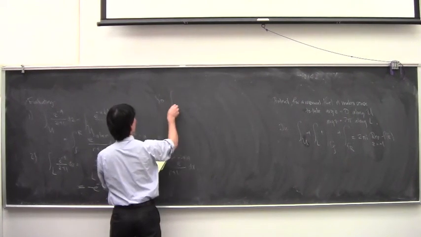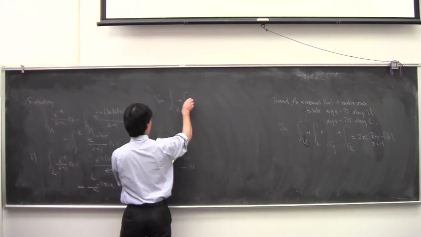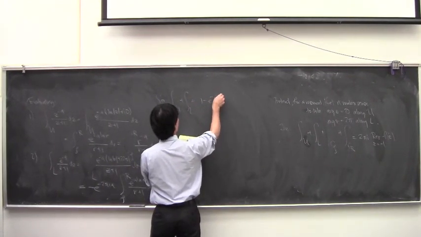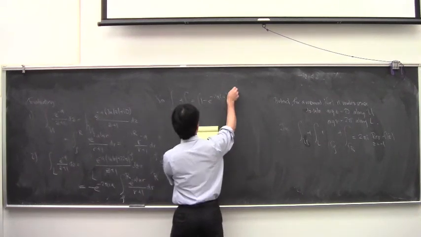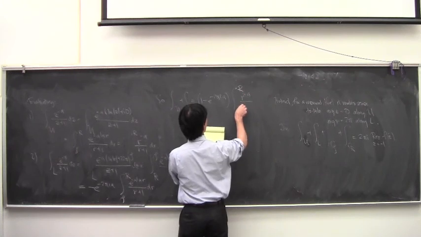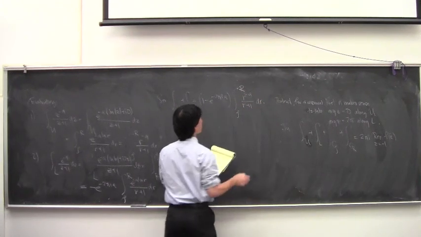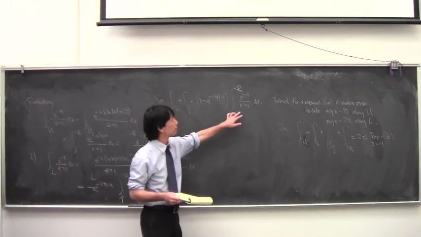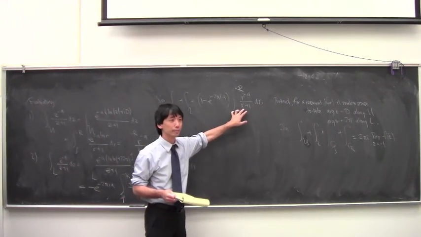So if we add this together, you're going to get 1 minus e to the minus 2 pi I a times something which in the limit would turn into the integral of interest. That's good. This is what we're interested in.